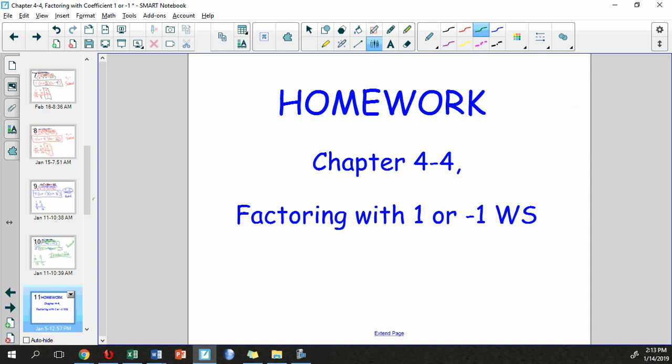Now, your homework tonight is going to be this worksheet. Okay, problems 1 through 10, which is the front page, either has a 1x squared or a -1x squared.